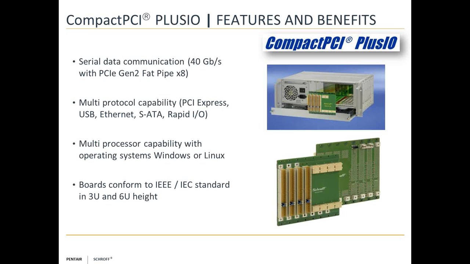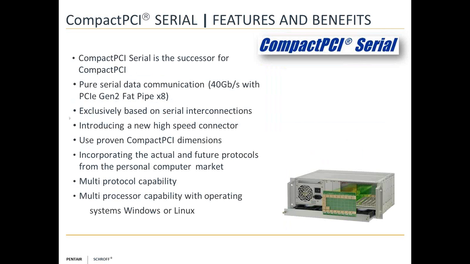So the latest specification in the Compact PCI line is going to be Compact PCI serial, and it is based exclusively on serial interconnects, and it features a new high-speed connector. Like Compact PCI and Compact PCI plus I/O, it is compliant with IEEE mechanical dimensions, and the boards conform to the same standards in the 3U and 6U heights.